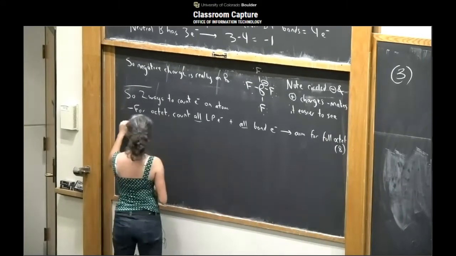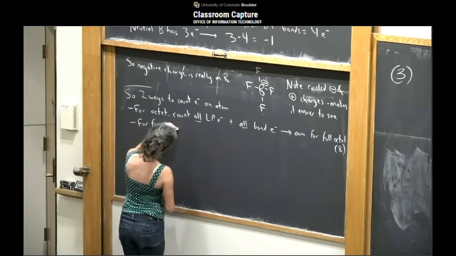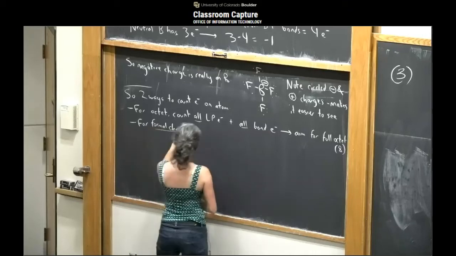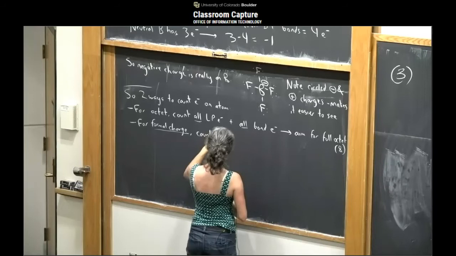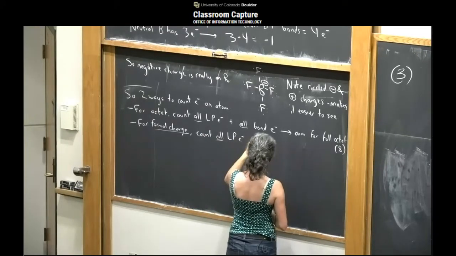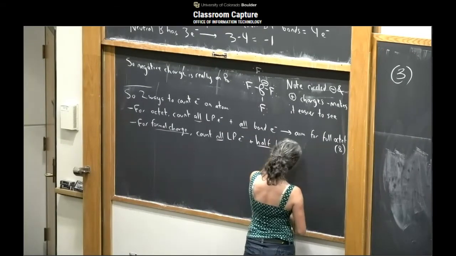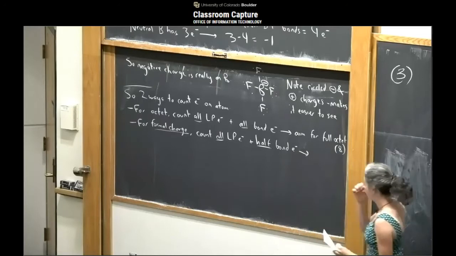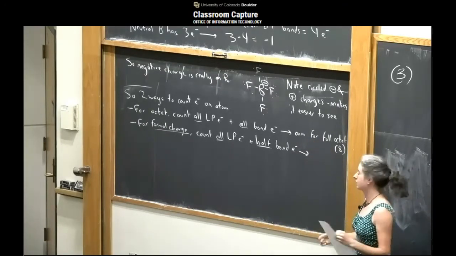Meanwhile, for formal charge counting, we're going to count all the lone pair electrons. Those belong to the atom no matter what. And half of the bonding electrons. And this thing we're trying to optimize so that it's equal to the number of electrons in a neutral atom.